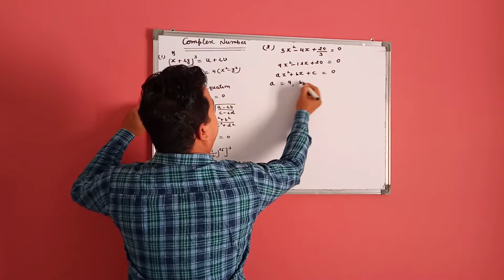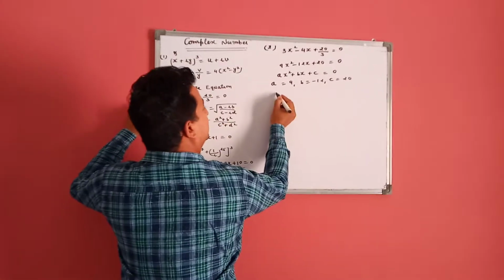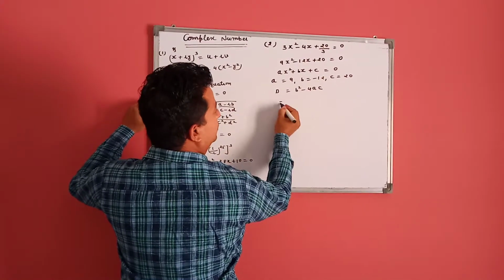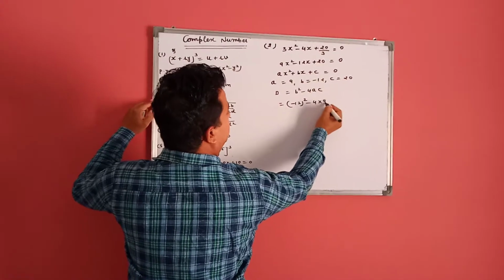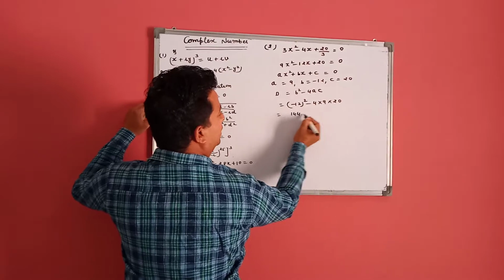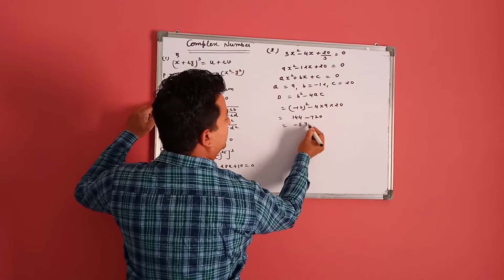A is 9, b is −12, c is equal to 20. First we find the discriminant, b² − 4ac. b² is 12 squared, a is 9, c is 20. 12 squared is 144, this becomes 720, this is −576.